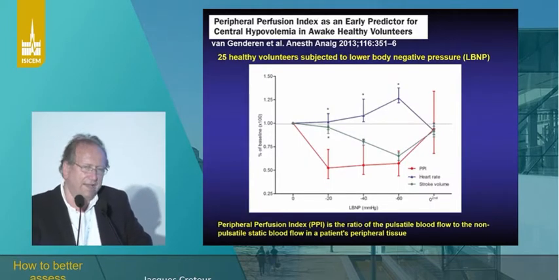And it has been well demonstrated even in healthy volunteers. If you impose a lower body negative pressure on healthy volunteers and you use the peripheral perfusion index, the PPI, to assess peripheral perfusion, you can see in red that peripheral perfusion will decrease well before any increase in heart rate or any decrease in blood pressure.